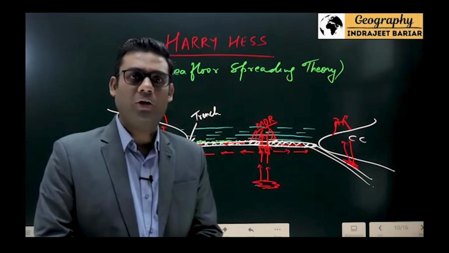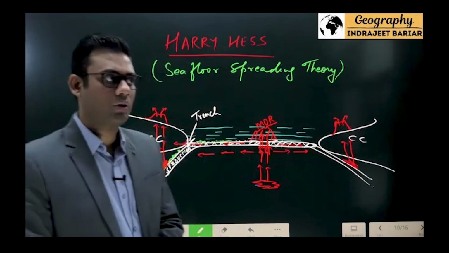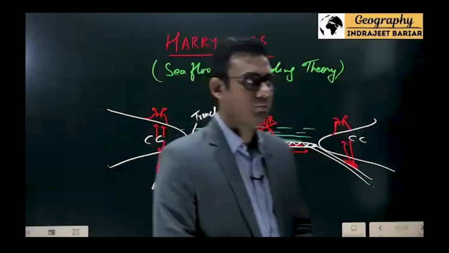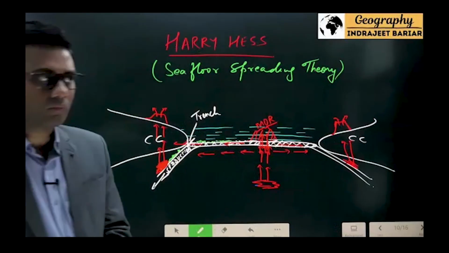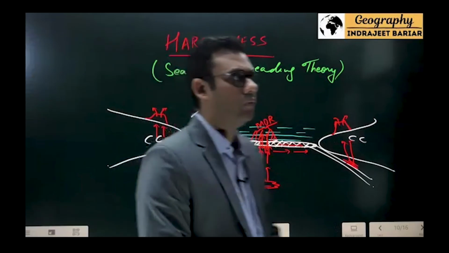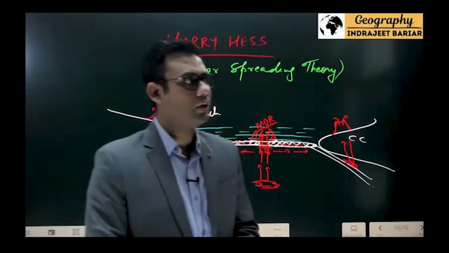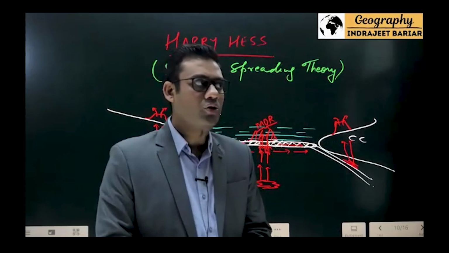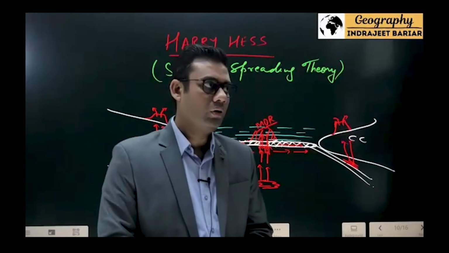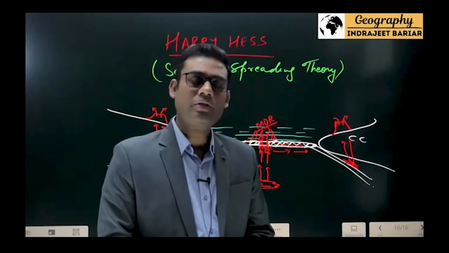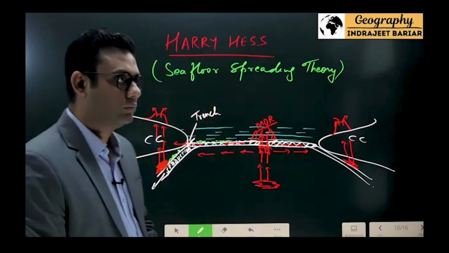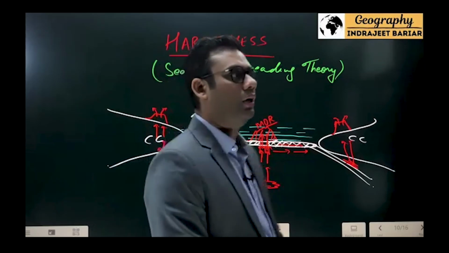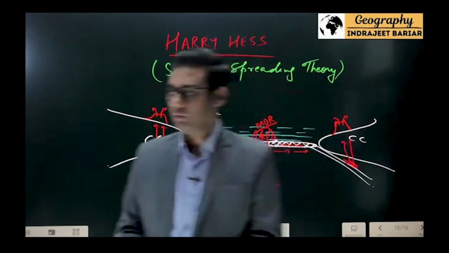Next question would be related to which crust always subducts? Answer would be oceanic crust. And next question, continental crust never subducts.